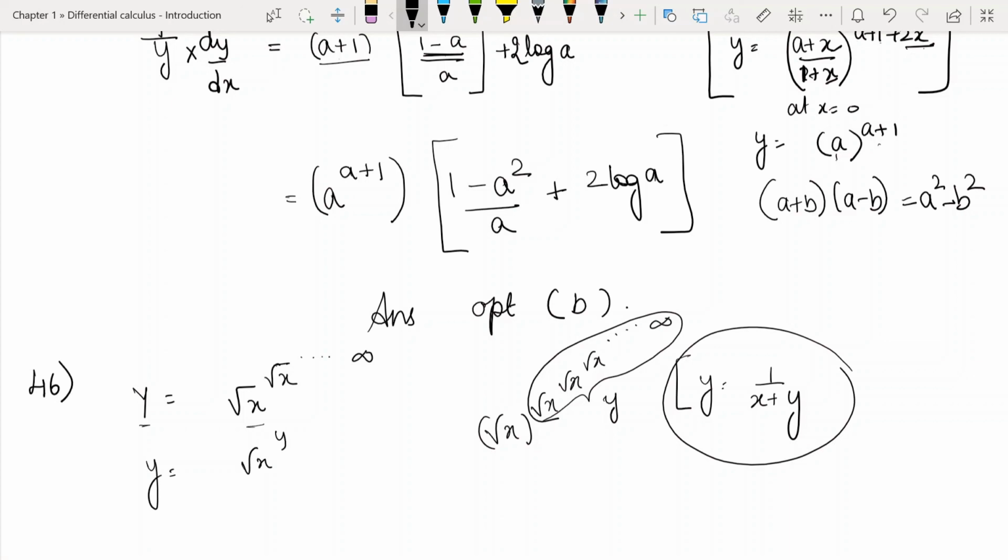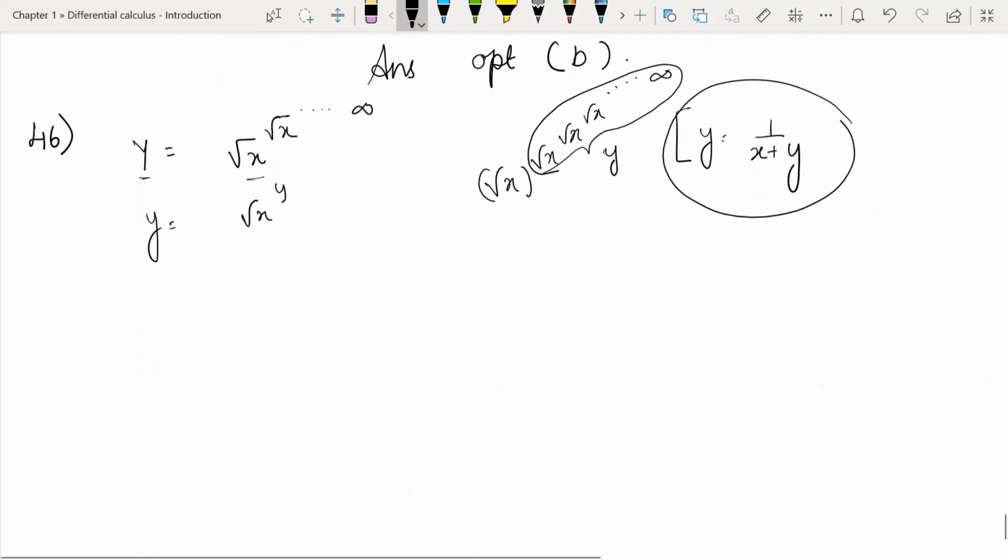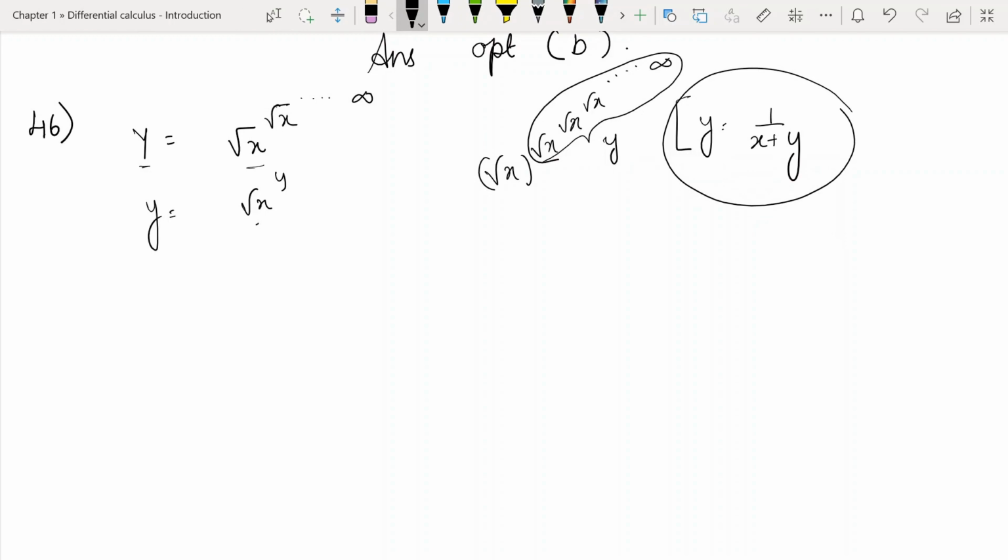Now after doing this, it must be amply clear to you why this is chosen under logarithmic differentiation, because the base is a variable, and the power is also a variable. Now we will take log on both sides.